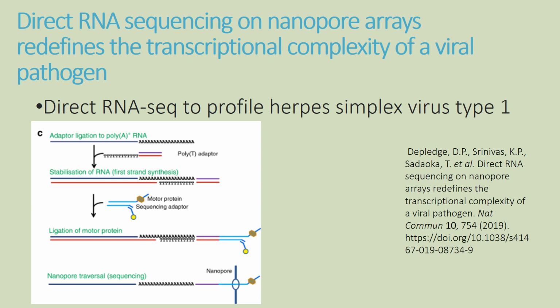And then in the third and fourth steps, the poly-T adapter allowed the ligation of the motor protein that is required to guide the RNA strand through the nanopore, demonstrated in the bottom step.